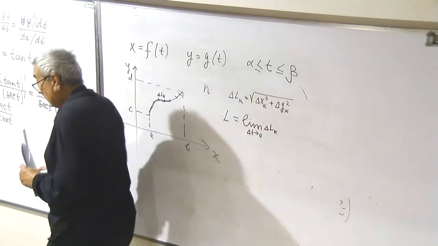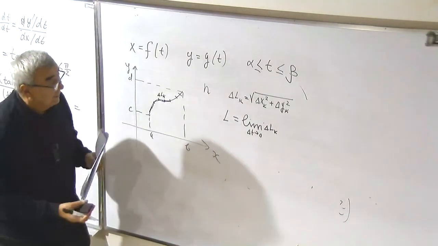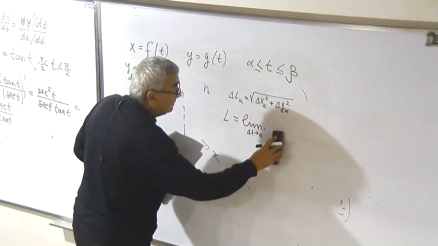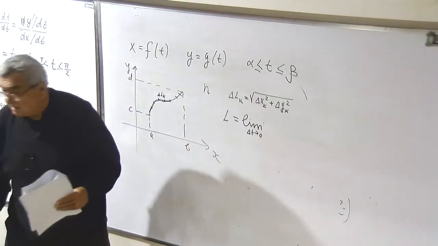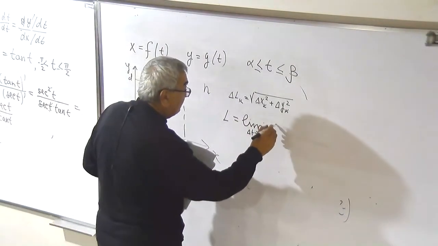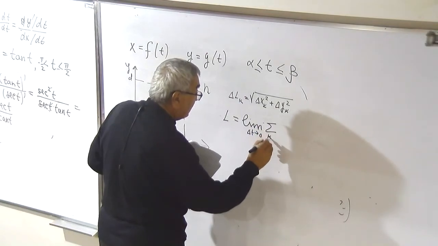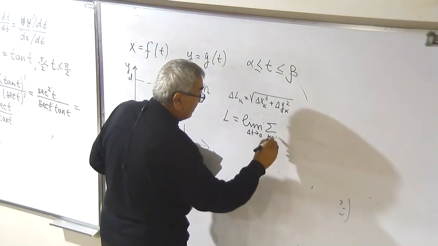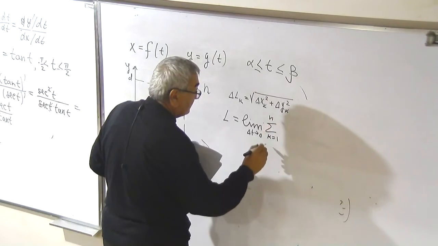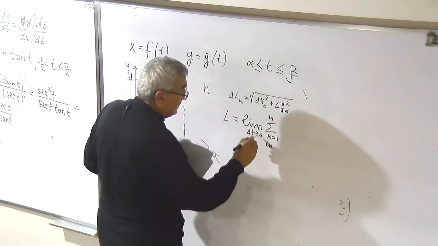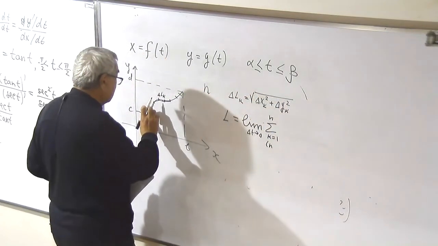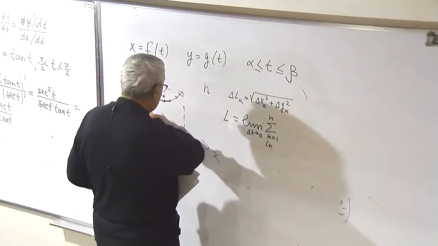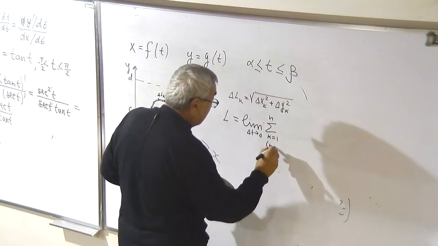I forgot the sum: the sum over k from 1 to n, when delta t goes to 0, because the number of intervals goes to infinity.